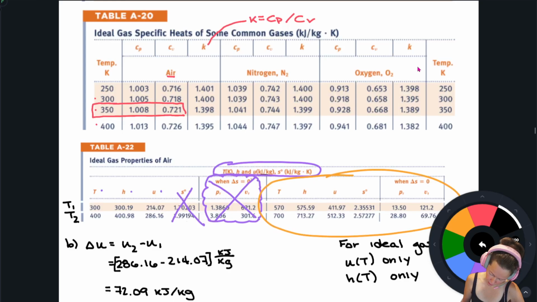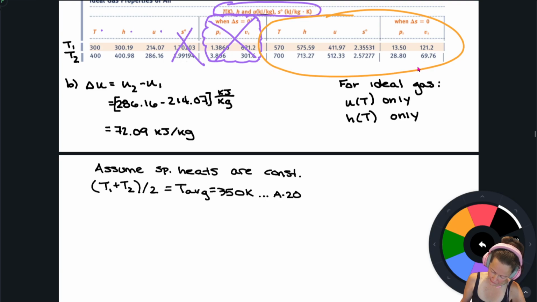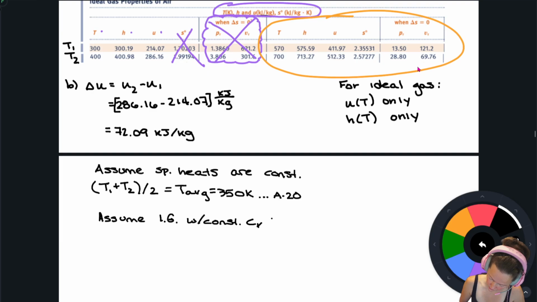Okay, but we're going to use this guy right here. So if you've got an ideal gas, what are we assuming here? We're assuming ideal gas with constant specific heats, CV and CP.